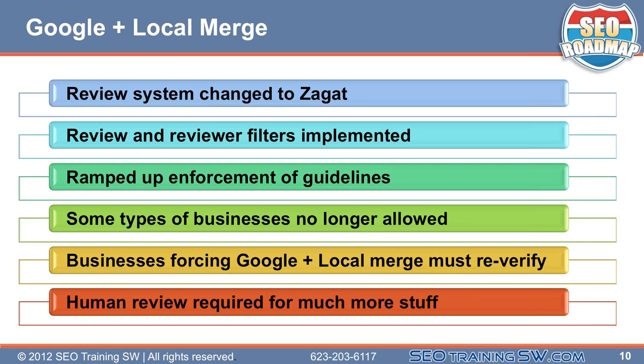And there's now a whole bunch of review and reviewer filters that have just recently been implemented. It used to be real easy to spam Google Places. If you would have been on a webinar about 4 or 5 years ago and you wanted to get the number one ranking in Google, we'd basically tell you, get as close to the centroid location as you can with your business.